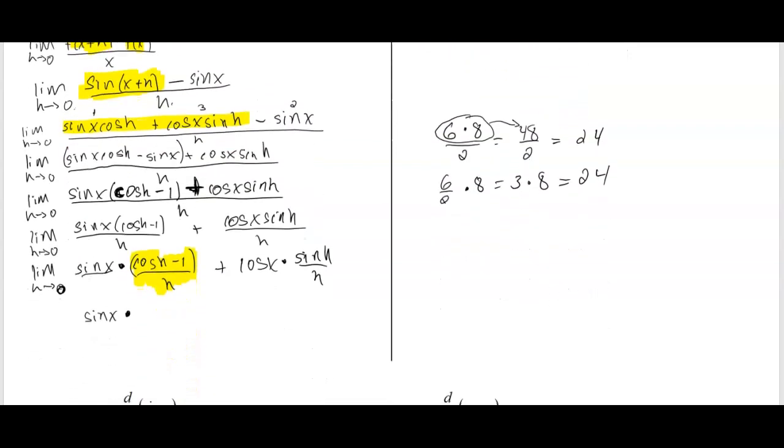So this whole thing is going to become smaller and smaller and smaller, and eventually has a value of 0, or a limit of 0. Plus cosine of x doesn't get changed because it's the h that's going to 0. And then we are left with an old rule from last chapter that most of us did fine on that test, where you have sine of h over h, with h going to 0.